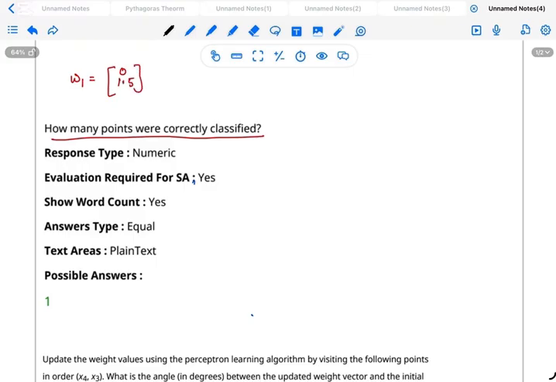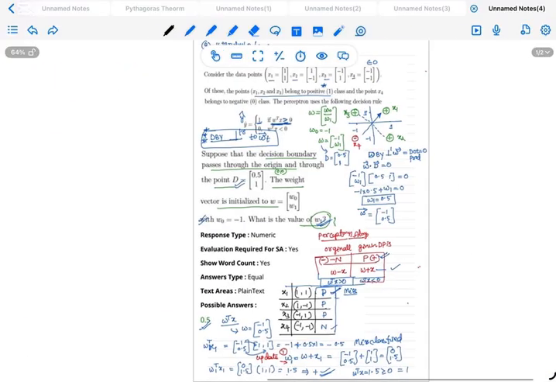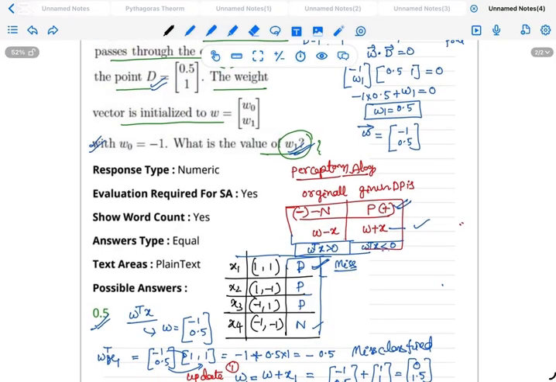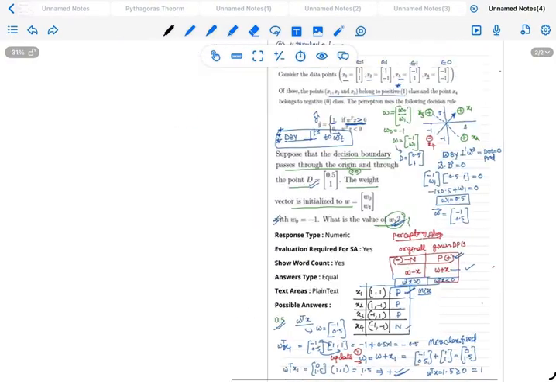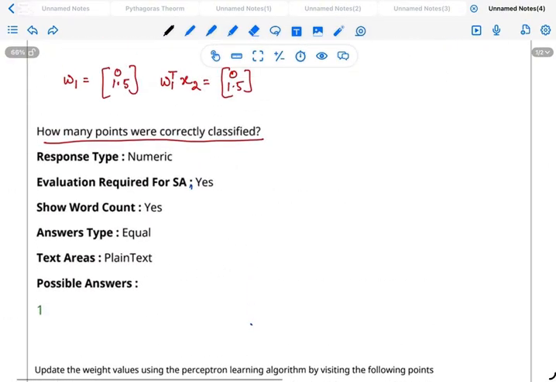Next we classify the second data point, that is W1 transpose X2, which equals (0, 1.5) with X2 equal to (1, -1). So we find the transpose: 0 minus 1.5, that is W transpose X is less than 0.